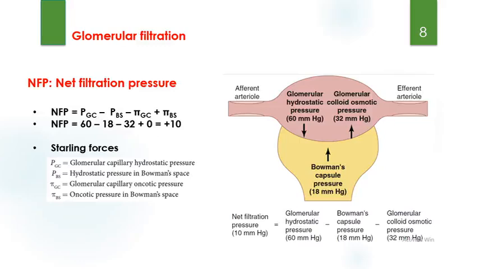Net filtration pressure is the outcome of Starling forces through the glomerular capillary. There are two Starling forces inside the glomerular capillary, hydrostatic pressure and colloid osmotic pressure, and two of these factors in the Bowman's space.